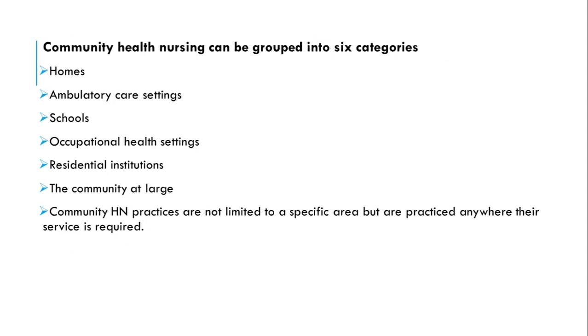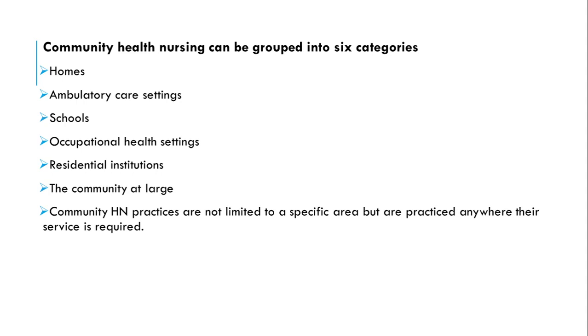As a community health nurse, you have to work in various settings. Sometimes you have to work in homes, sometimes in ambulatory care settings, schools, and in office settings, recorded as occupational health settings, and residential institutions like elders' home, children's home, and the community at large.